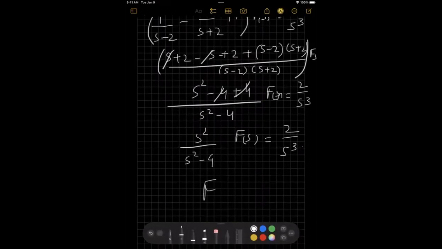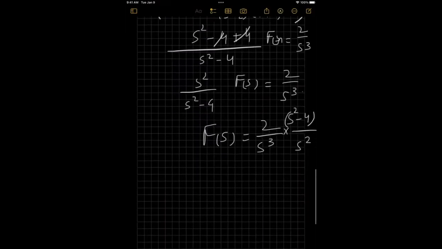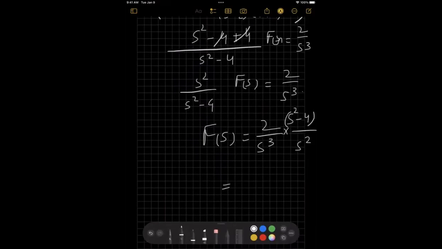So F of s equals 2 over s cube multiplied by s square minus 4 divided by s square. And now it will equal 2 s square over s to the 5 minus 8 over s to the 5. Fine.